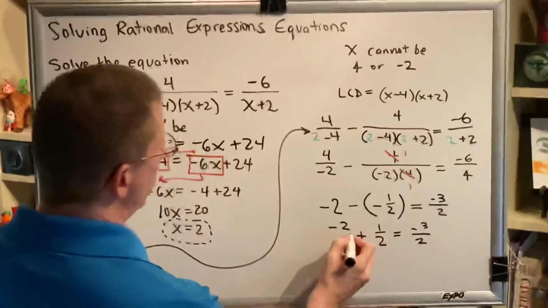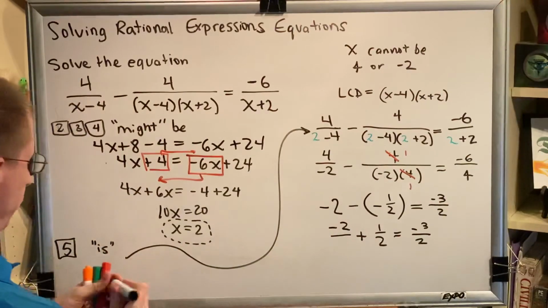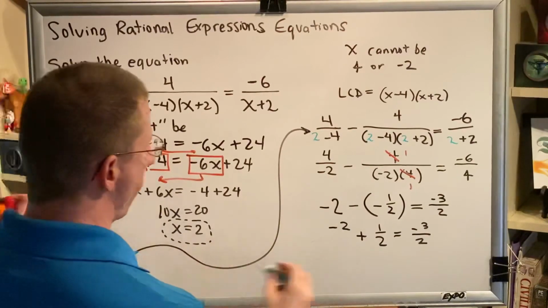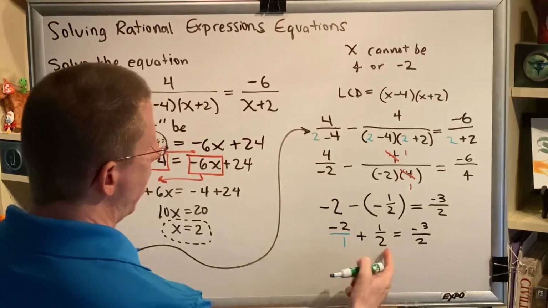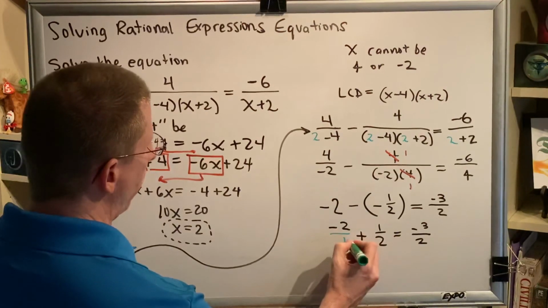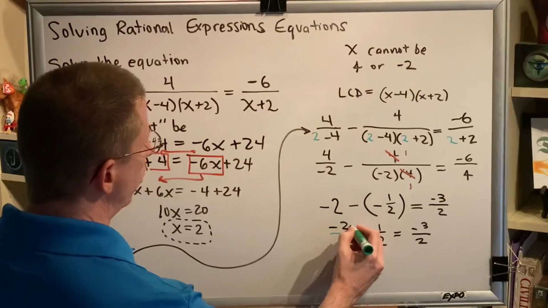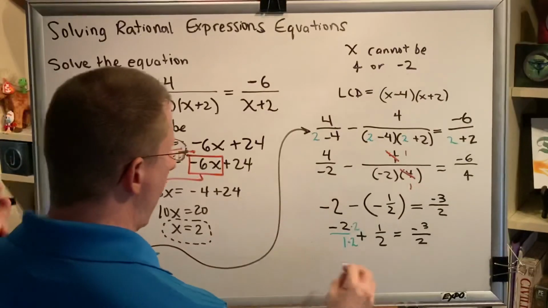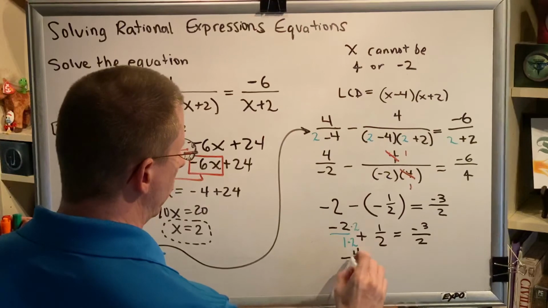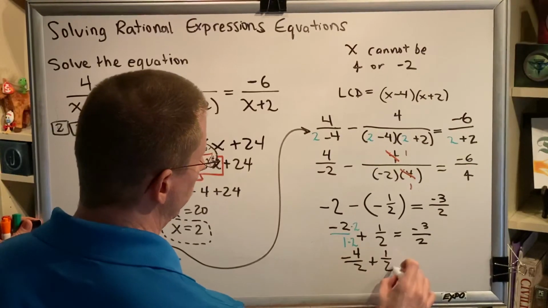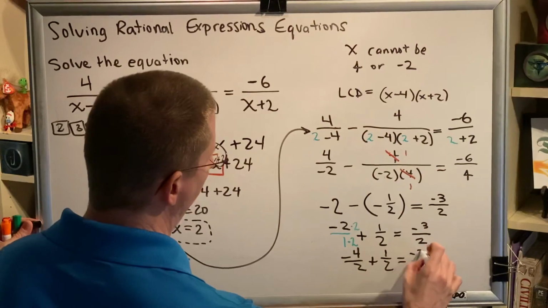Negative 2 is the same as negative 2 over 1. And to get a common denominator so that I can add both of these fractions, I'm going to multiply the bottom and the top by 2. So that gives me negative 4/2 plus 1/2 equals negative 3/2.